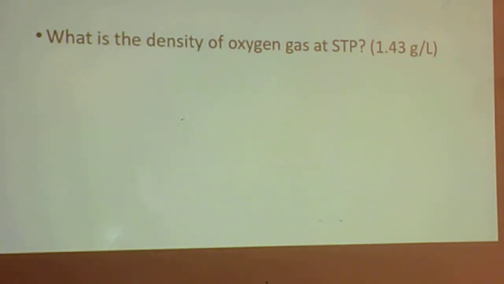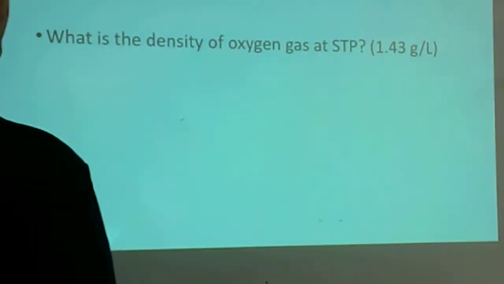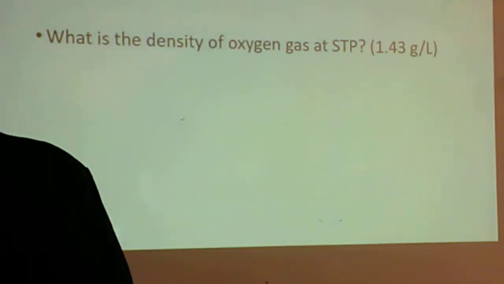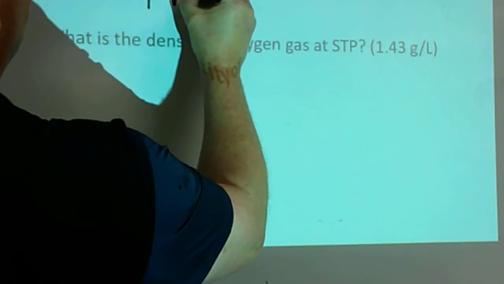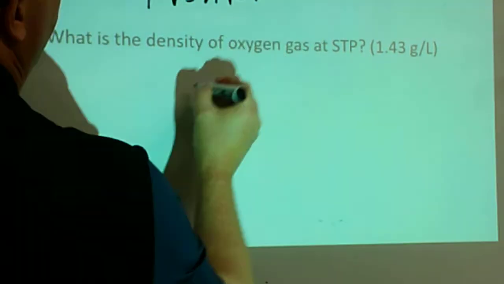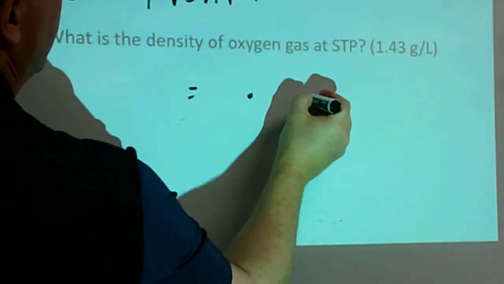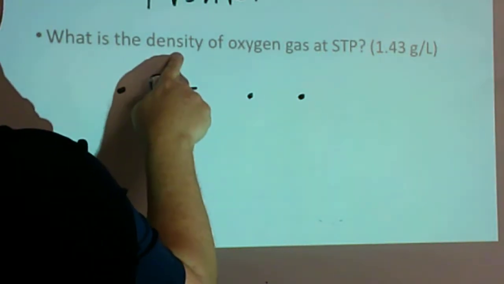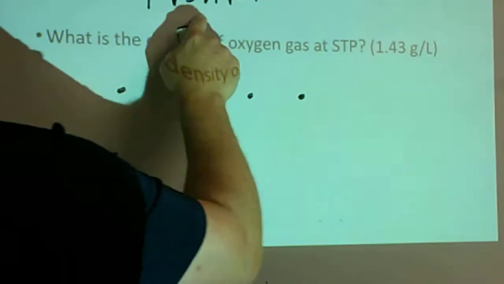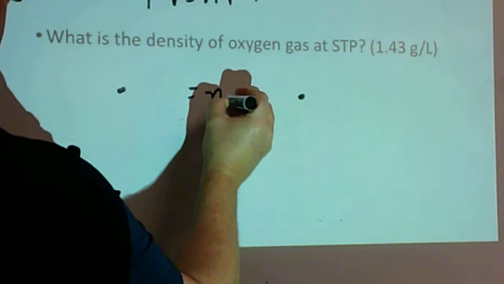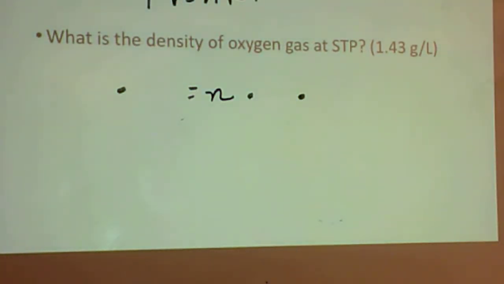There are 2 different ways actually to do this. But first of all, we'll do PV equals nRT, because we could have different factors here. And if I look at it, density, grams per liter, mole. Again, moral of the story, go to the mole.